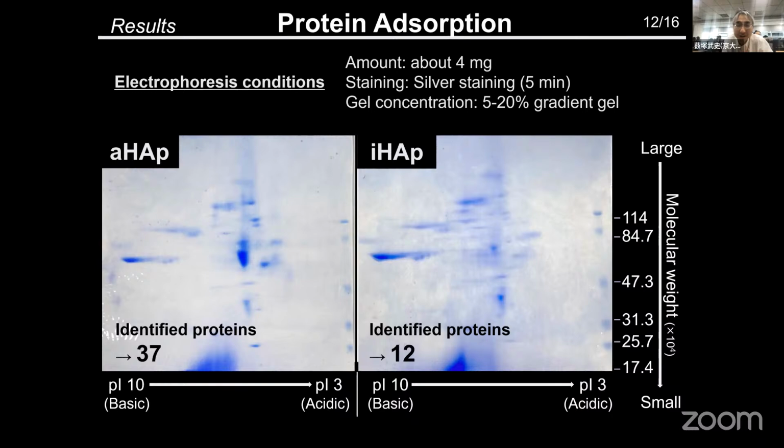That is why I ask you. Would the same protein always be observed on your sample or not? Thank you very much.